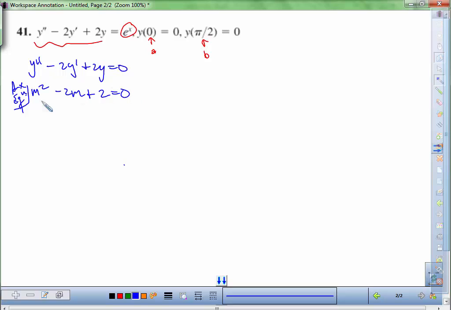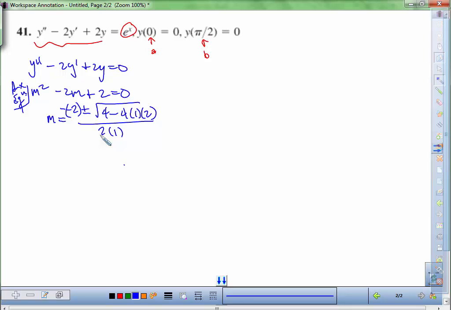Can you factor this? Can't factor it. Let's use the quadratic formula: negative b plus or minus the square root of b squared minus 4ac, over 2a. The b is negative, so negative negative will be a positive. The b squared will be positive, and the a is 1, so this is 2a.